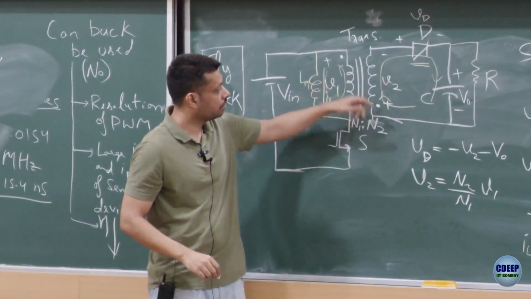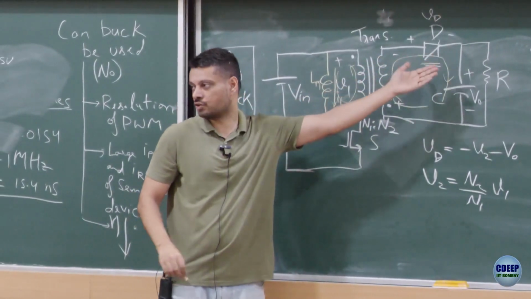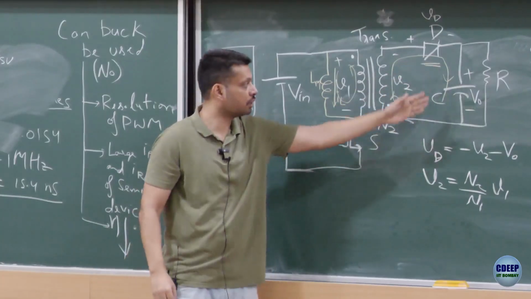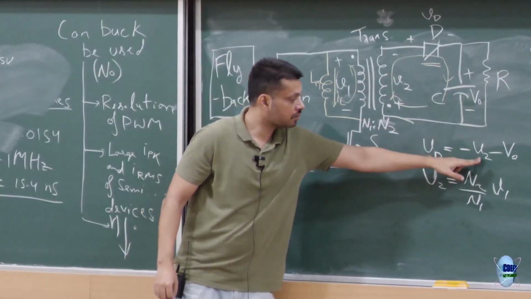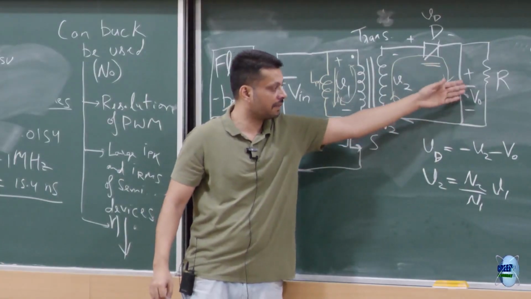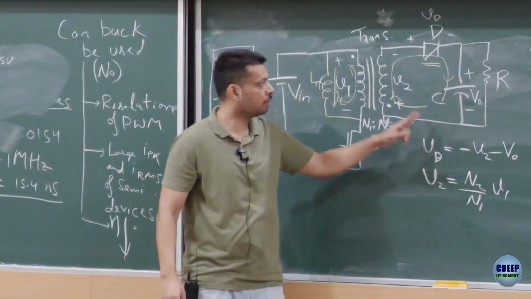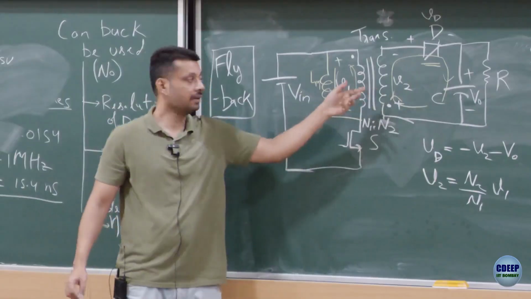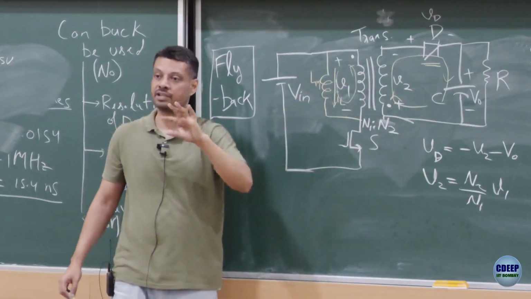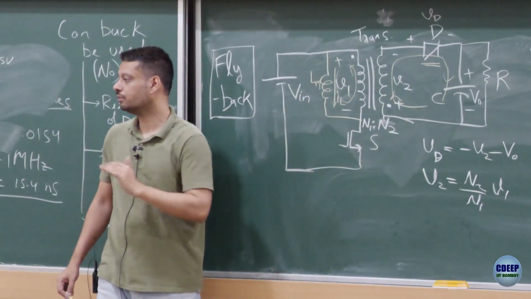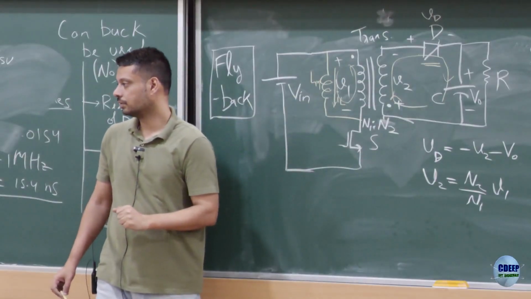The voltage drop is almost 0. If you write Kirchhoff's voltage law here, if output is, let's say, 5 volt, V0 is 5, V2 will be equal to minus 5, and therefore V1 would be equal to minus 5 times N1 by N2. So V1 will be negative.